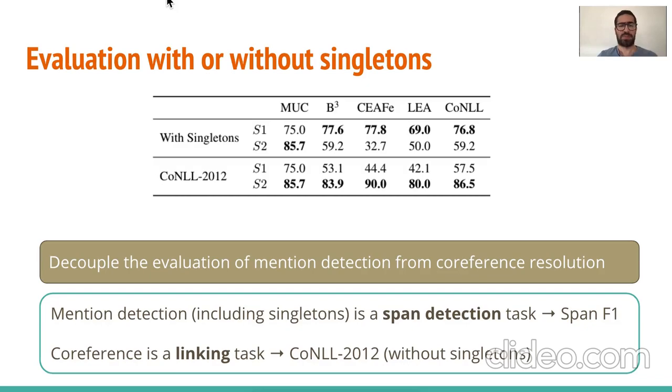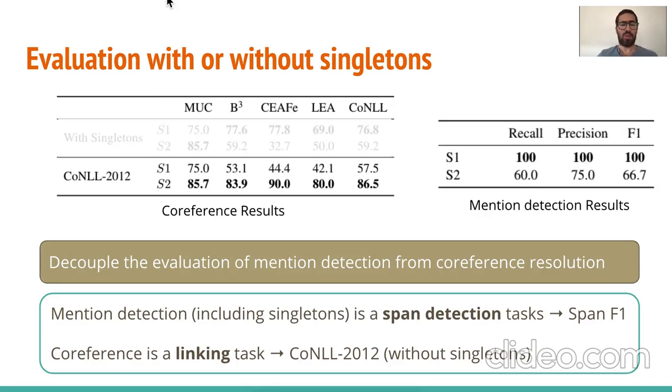Coreference resolution is a linking task and should be evaluated using standard coreference metrics without singletons. And when we apply that, we get a more faithful interpretation of the results because S1 gets higher results for mention detection, but S2 gets higher results for coreference resolution as we expected.